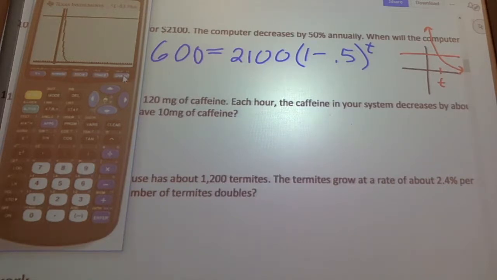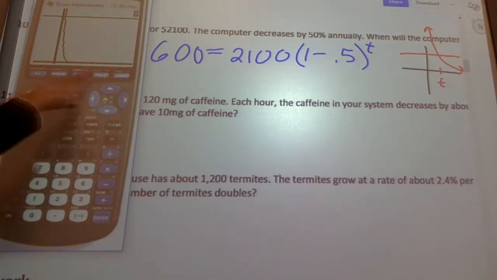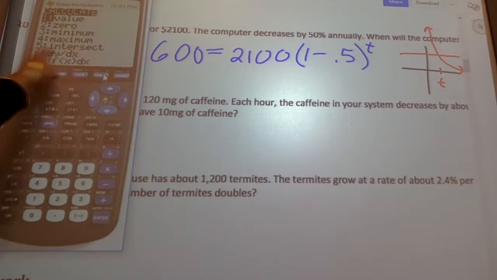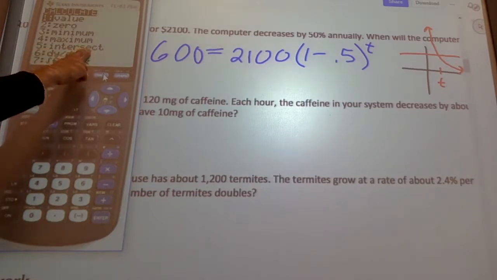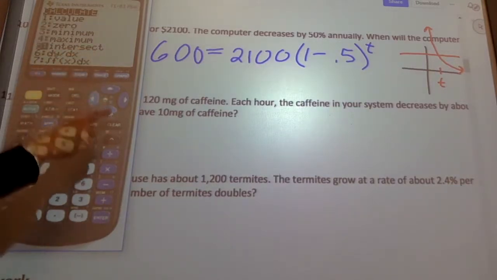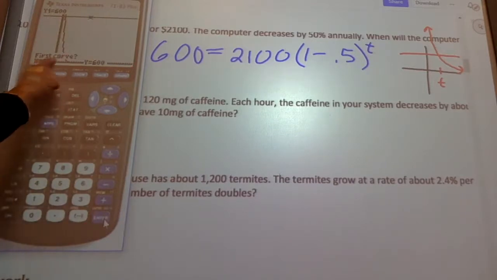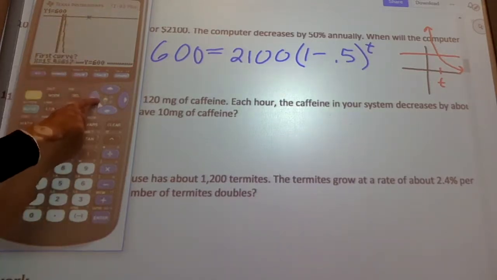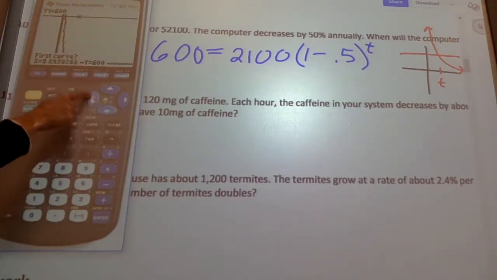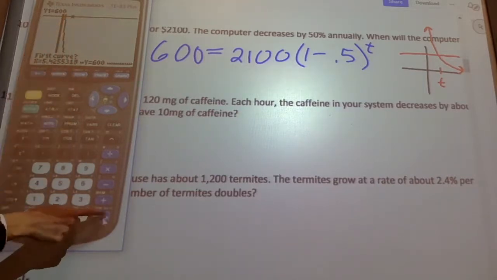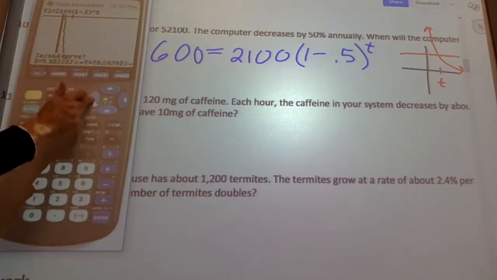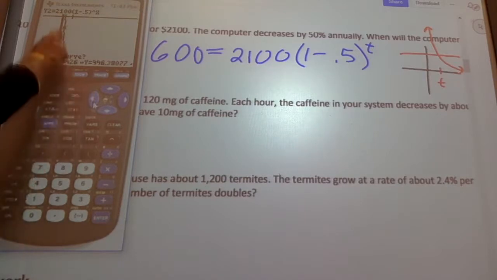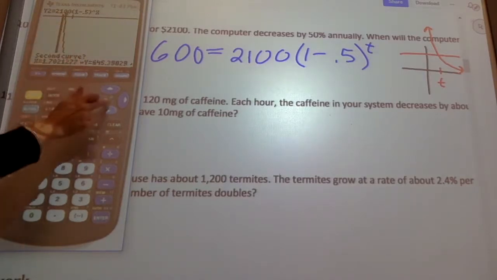Just like we did minimas and maximas, you go second trace, and you have number 5, intersect. So you go down there, push enter. You're going to get "first curve?" So you get close to your intersection and push enter. It jumps to your second curve, and you move until it's close to the intersection.